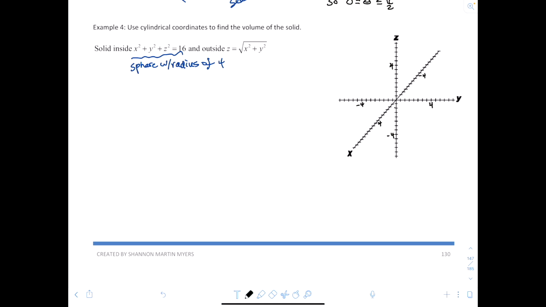Okay. So here we go. So we would basically have, in each of our traces, a circle of radius 4, right?